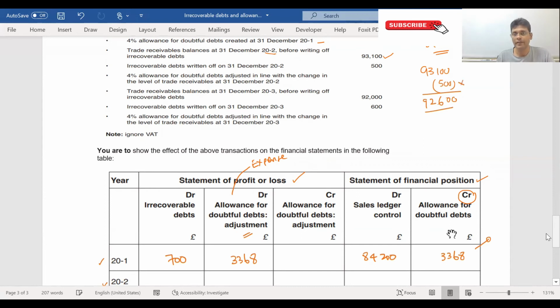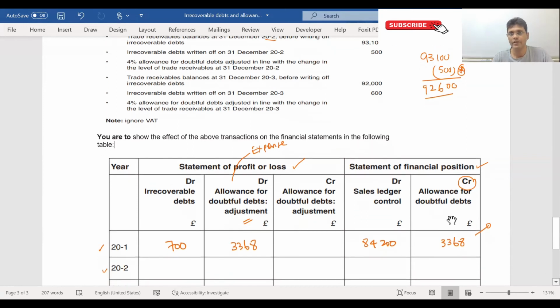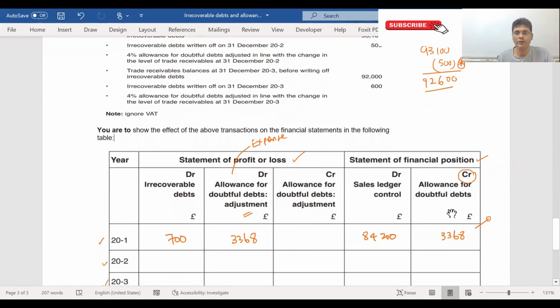This has to be written off. This is irrecoverable. We will not be able to collect the money from the customer. So therefore, what we need to do is debit the irrecoverable debt account and credit the receivable account. Credit means it will reduce the balance. So your net receivable should be 92,600.